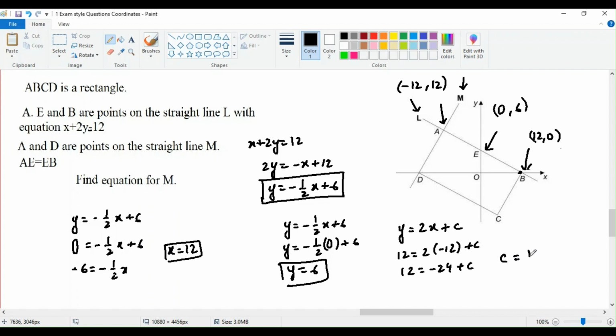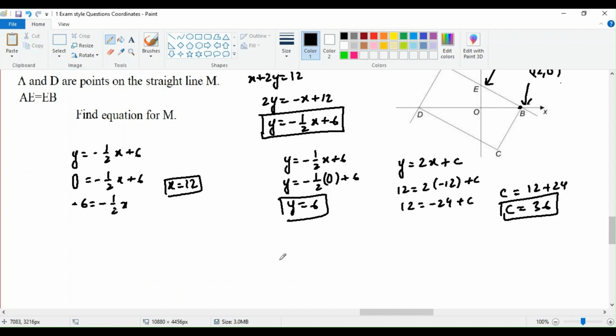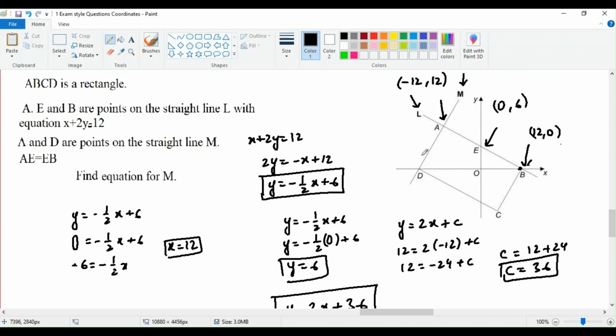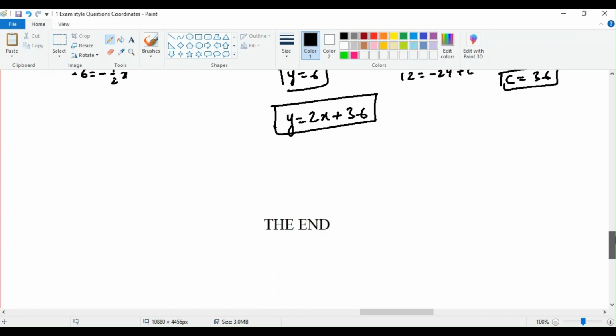So c equals 12 plus 24, that means c equals 36. So the equation of line M is y equals 2x plus 36. This is the equation of the bisecting line, line M. This was the last question.